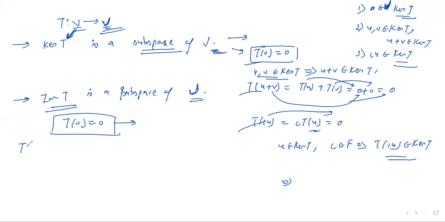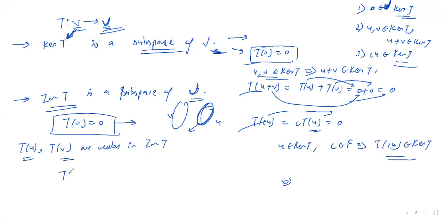Now let's consider T(u) and T(v) as vectors in the image of T, where u and v are the corresponding vectors in V. The sum T(u) plus T(v) can be written as T of u plus v, which also belongs to this range set.